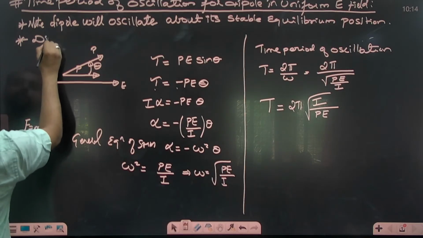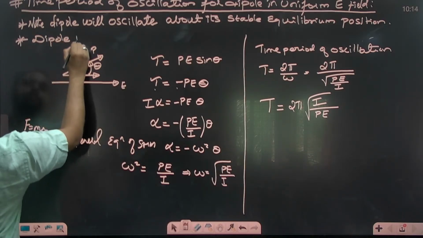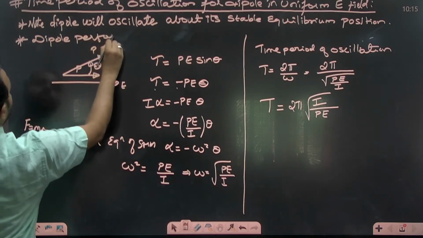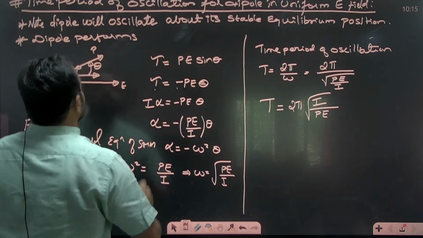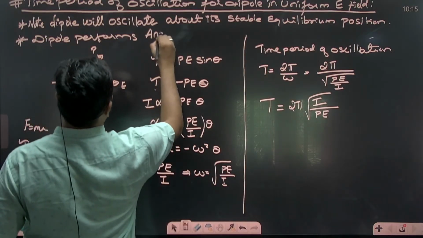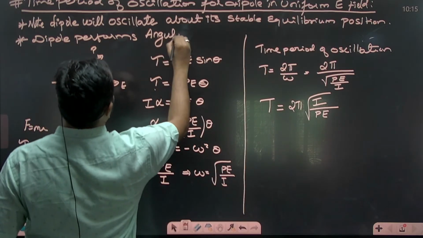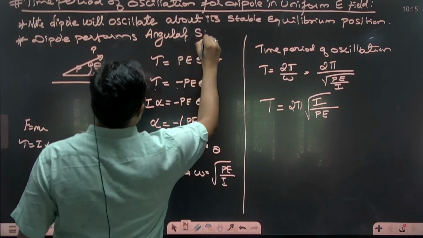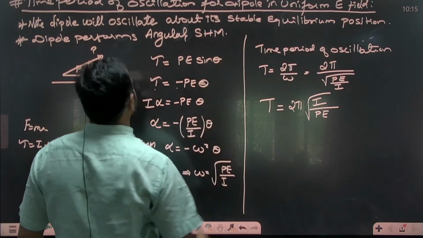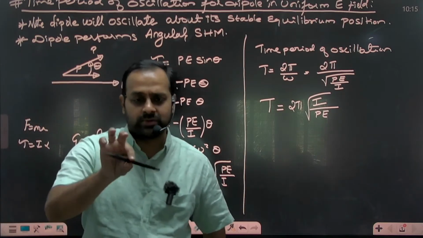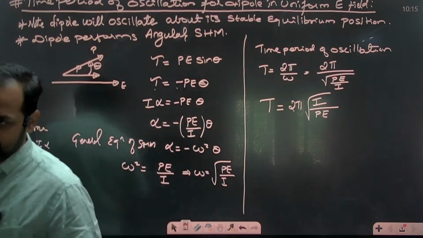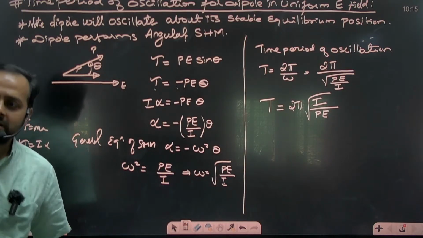Dipole oscillates about the equilibrium position, and then the dipole performs what kind of SHM? Angular SHM. It does not perform linear SHM. It performs angular SHM.